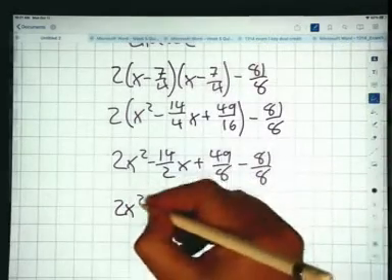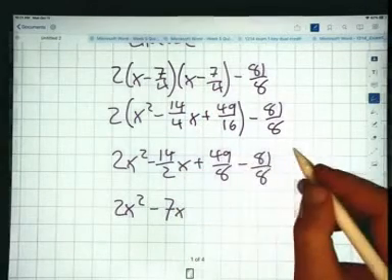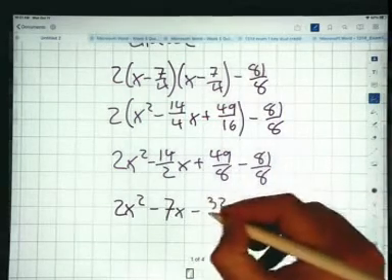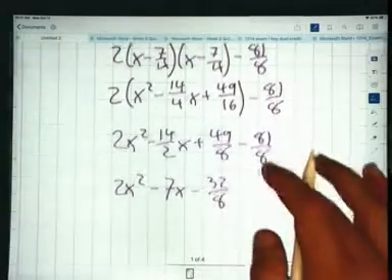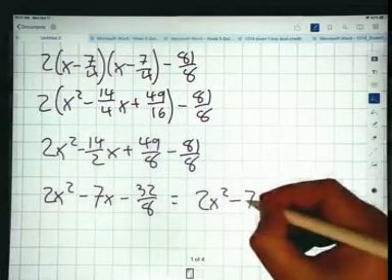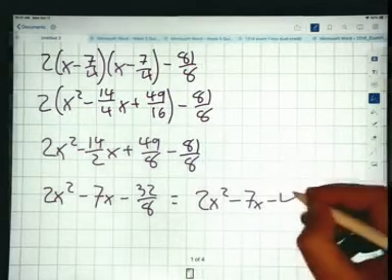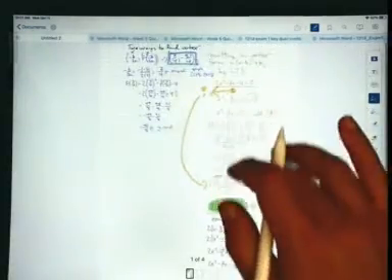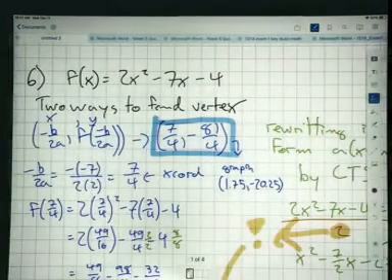So that becomes 2x squared, 14 over 2 is a minus 7x, 49 minus 81 is negative 32 over 8, which gets us to 2x squared minus 7x minus 4. And that is the original problem that we had up here at the start: 2x squared minus 7x minus 4.